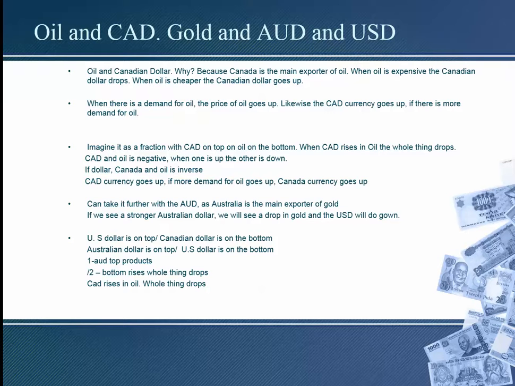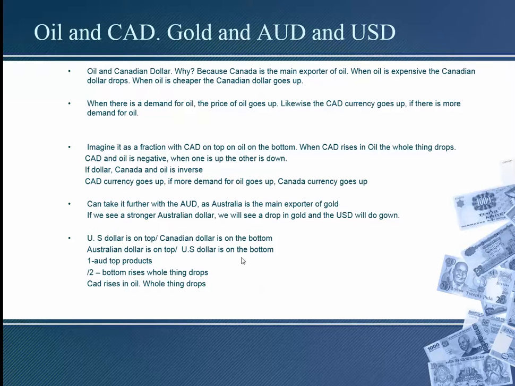Now you can take it further with the Australian dollar, as Australia is the main exporter of gold. If we see a stronger Australian dollar, we will see a drop in gold and the US dollar will go down. So here's a fraction.